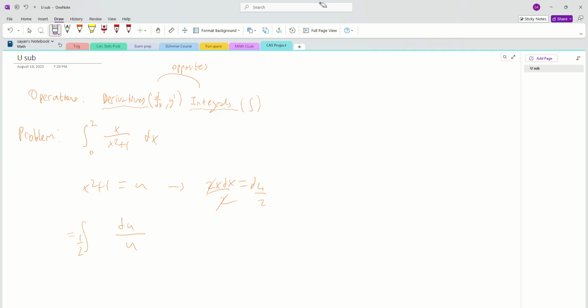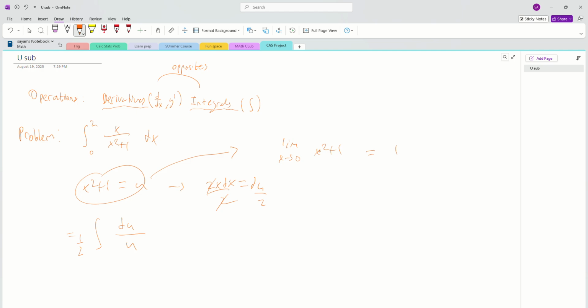Okay, last thing, the bounds. What happens to the bounds? We are going to take the limit as x approaches 0 of our function. So let's see, we said this, right? Which means we're going to take this limit over here.